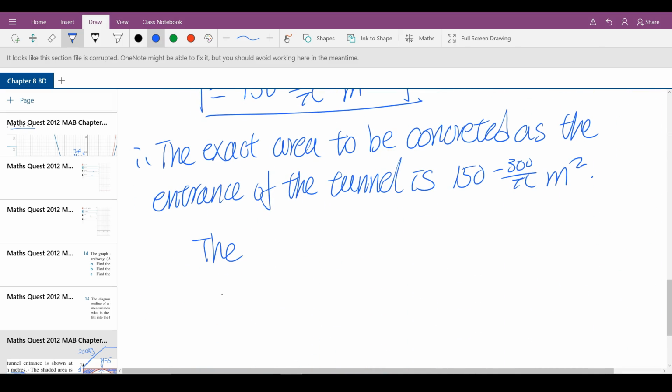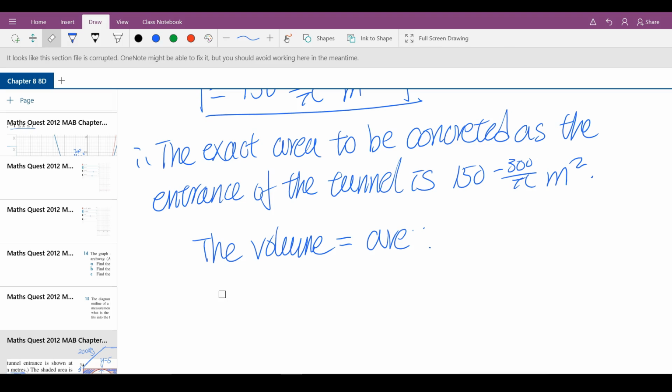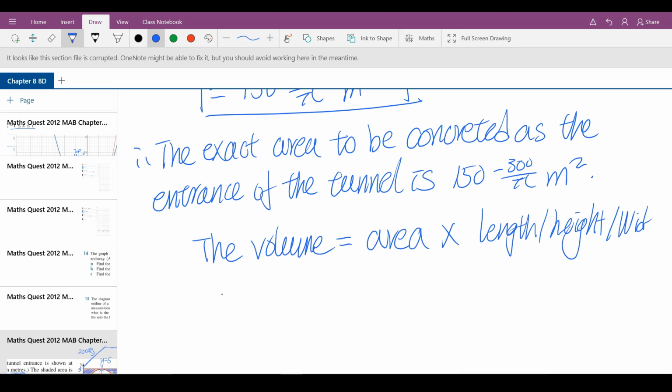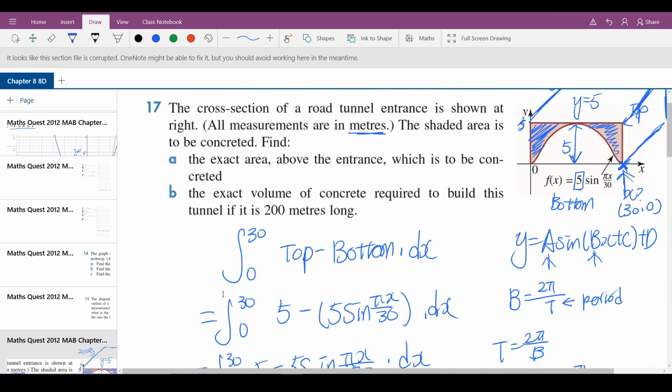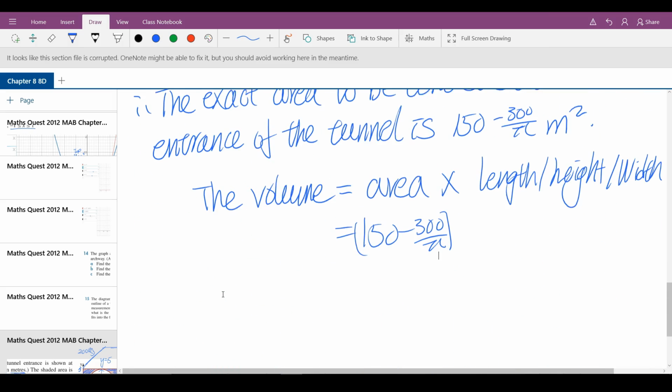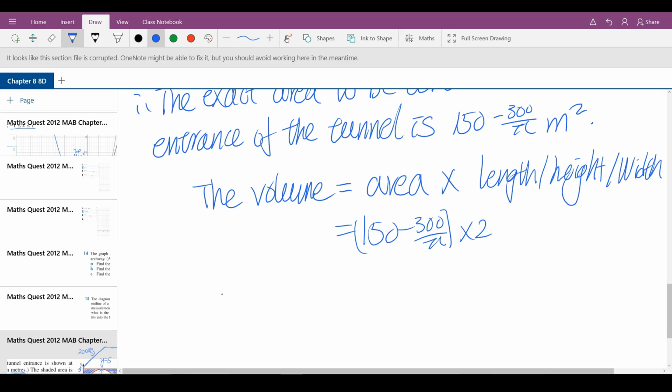The volume is equal to area, just like I said last question, area multiplied by another dimension, whether it be length, height, or width. So which is 150 minus 300 over pi multiplied by, what is it, 200 meters? Multiplied by 200.